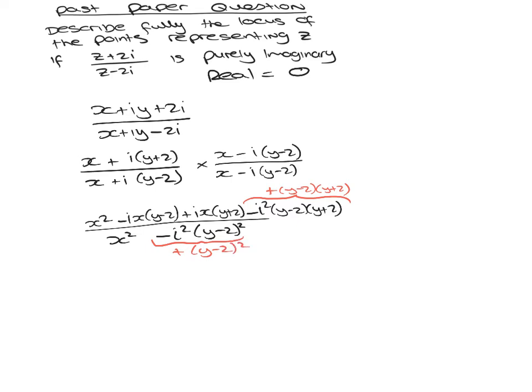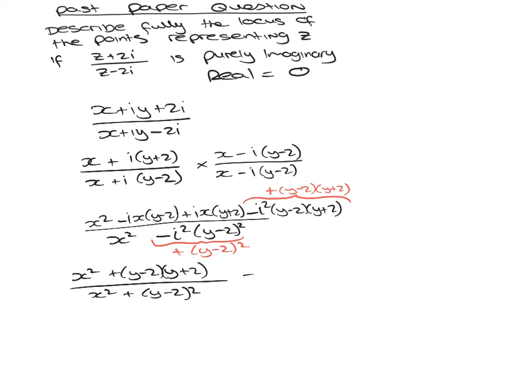Now we're really only interested in the real bit, so we're going to take the real part of this number, which is x squared plus (y minus 2)(y plus 2) over x squared plus (y minus 2) squared.